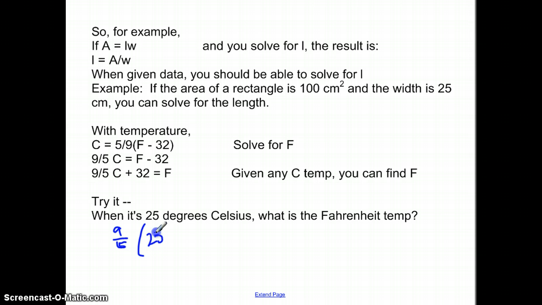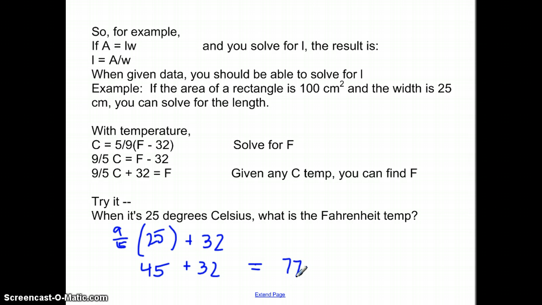And then I'm going to add 32. And that should be my Fahrenheit temperature, right? So 9/5 times 25 is 45, I believe. Right? 9 times 5. And then we're going to add 32. So the temperature is actually 77 degrees.